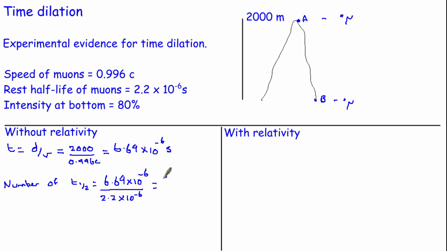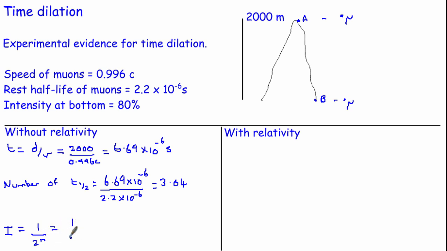And so if we do that, we get 3.04. So it takes 3.04 half-lives to go from here to here. And if we remember back to our nuclear physics, the intensity or the proportion at the bottom compared to the top is just equal to 1 over 2 to the power of n, where n is the number of half-lives.